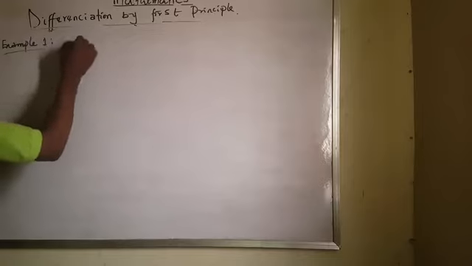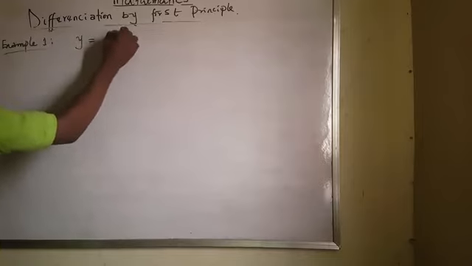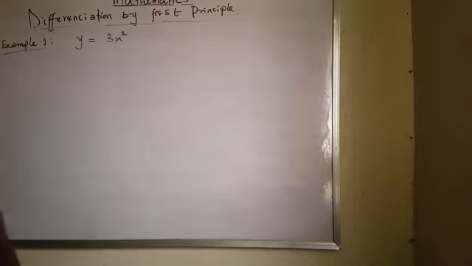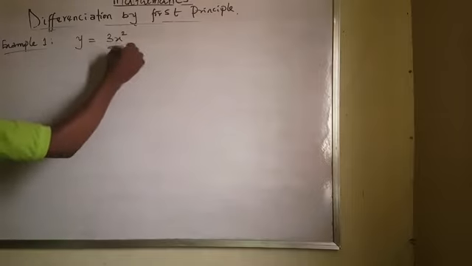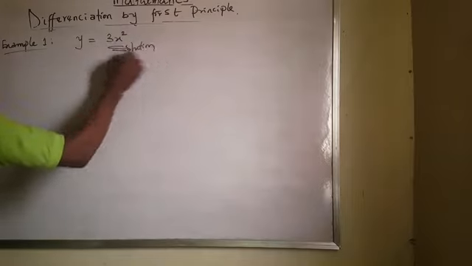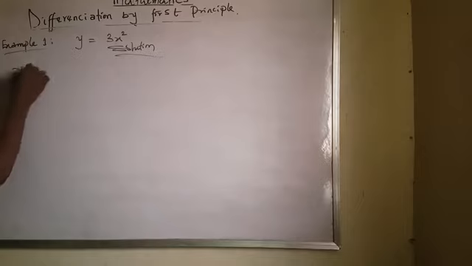Now we are solving this by first principle. We have to differentiate this function by first principle. So what will we do? It is a simple one. You have y equals 3x squared.